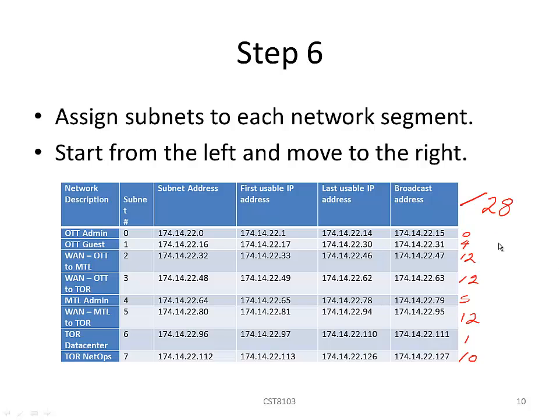The very last column here shows how many IP addresses will be left unused after having allocated the addresses to the devices. So for example, Ottawa admin has 0 waste. However, if we look at the WAN links, we have exactly 3 of them.